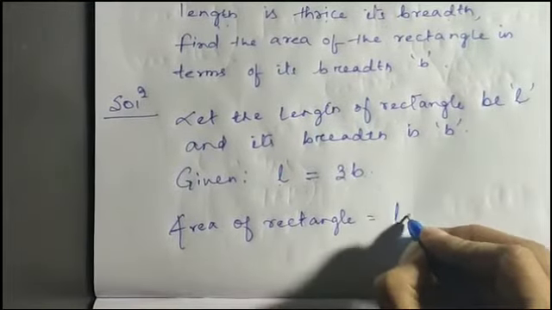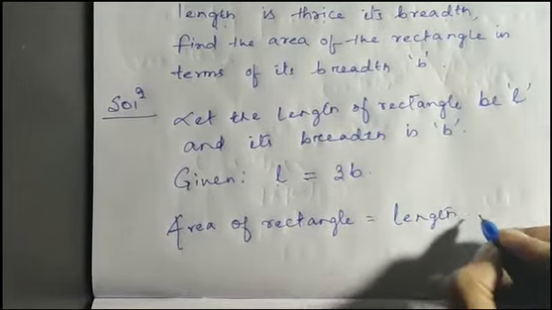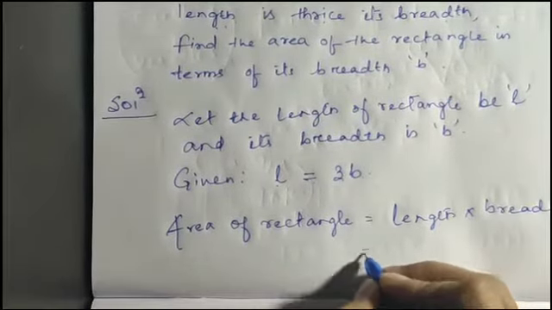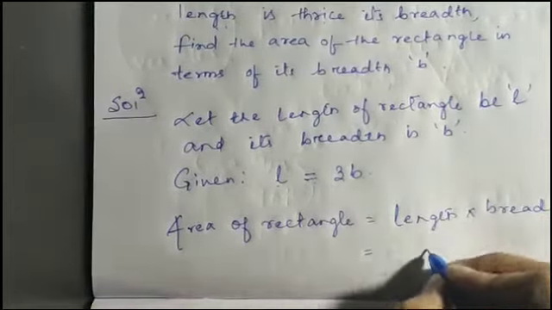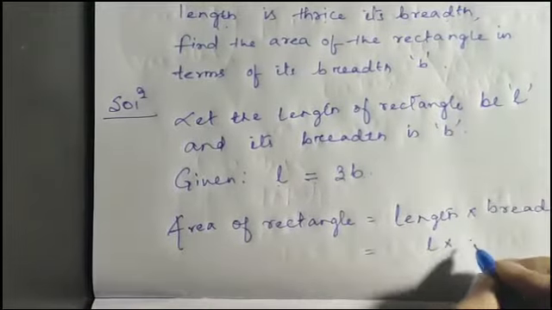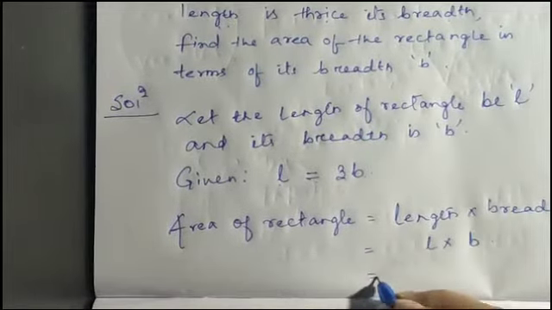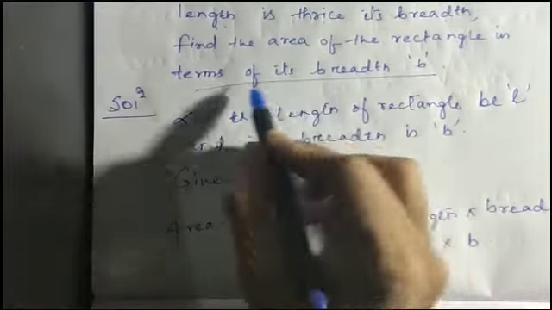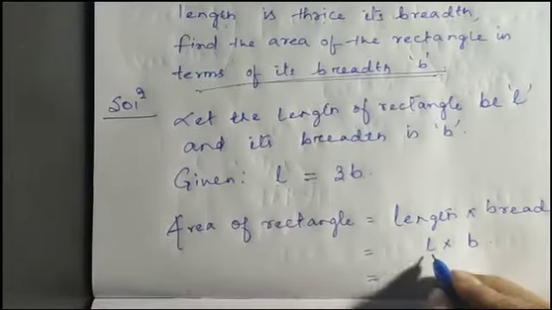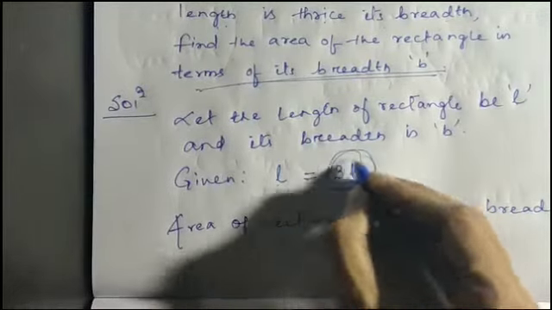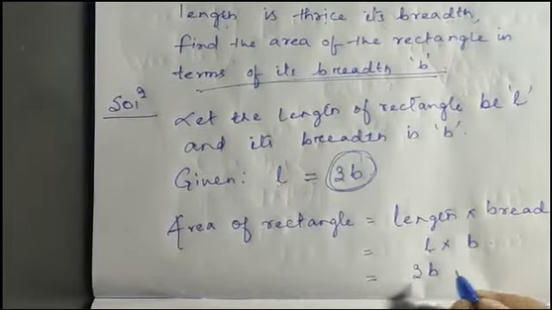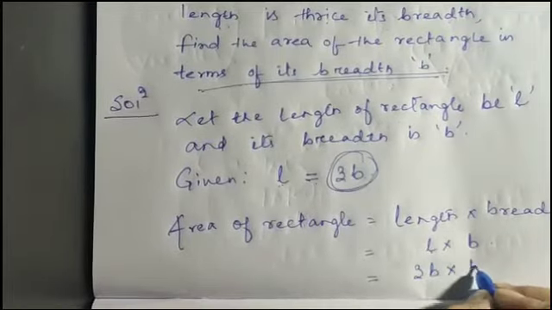That is length into breadth. Length we have taken as L, so L into breadth, which is b. Now, they have asked us to find it in terms of breadth. So in place of L, I will take 2b because L is equal to 2b is given. So in place of L, I am writing 2b into b.